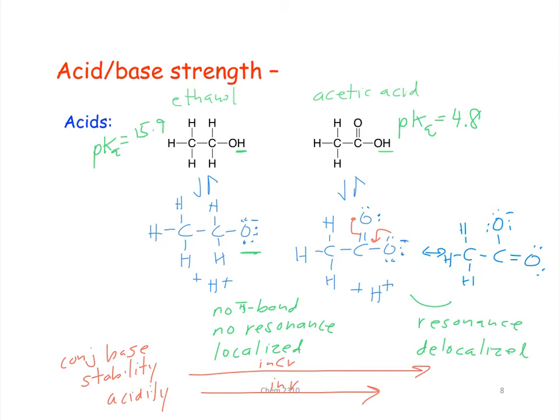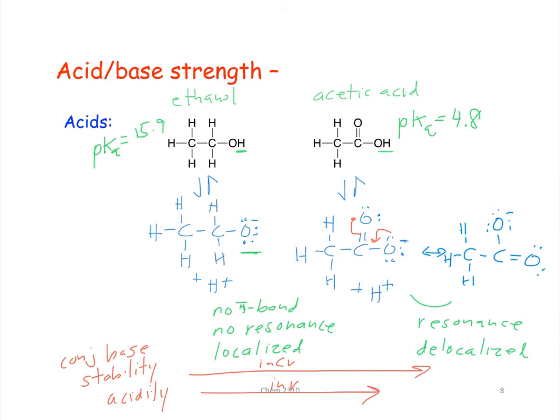Okay, so the presence or the ability of the anion to have resonance helps stabilize that conjugate base. All right, so we could also draw resonance. When we have resonance, we have two structures drawn here, but neither one of them is really the true structure.